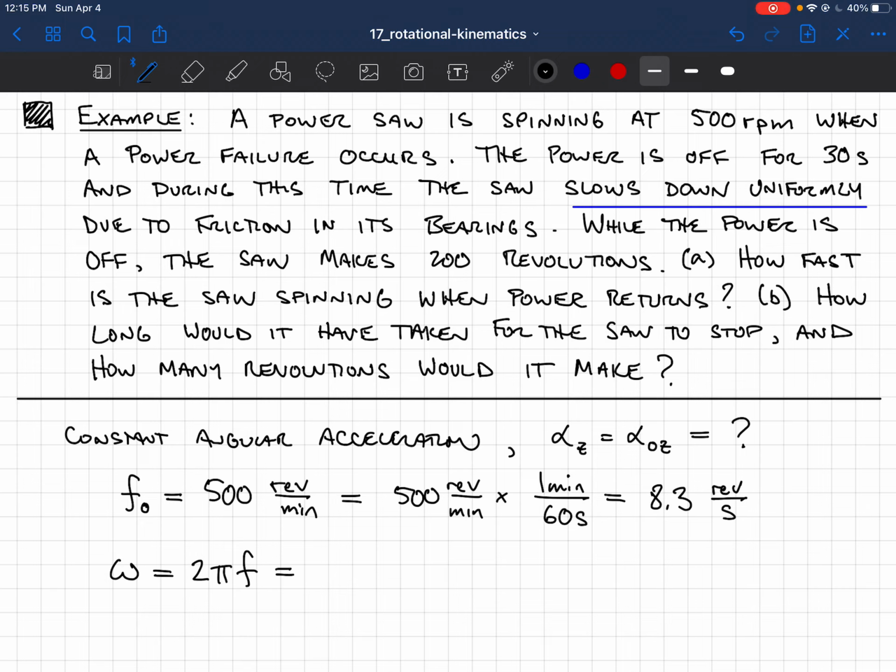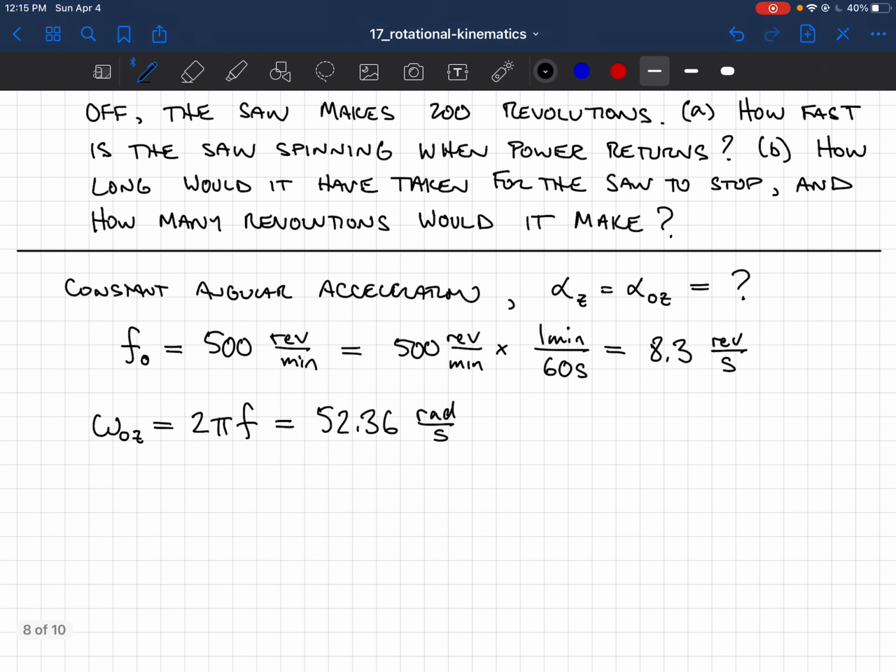So 2 times pi times 8.3 is 52.36 radians per second. That is our initial angular velocity, omega naught z.